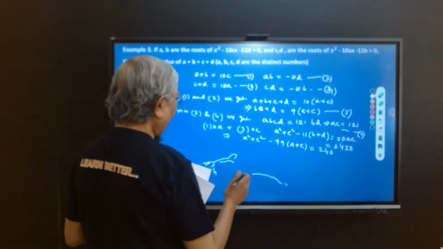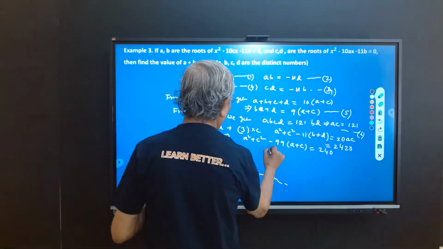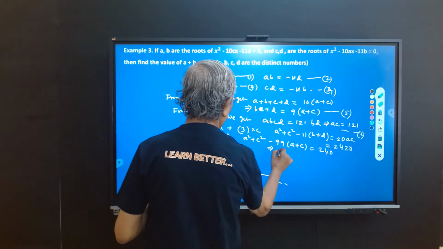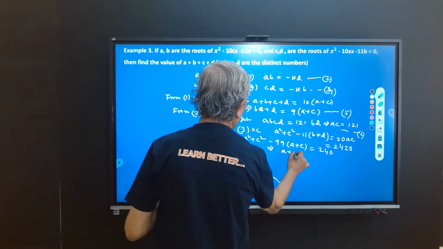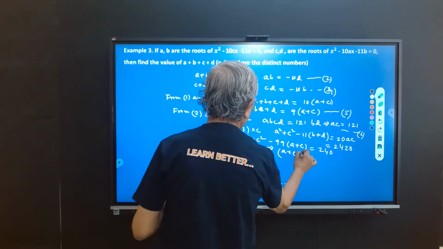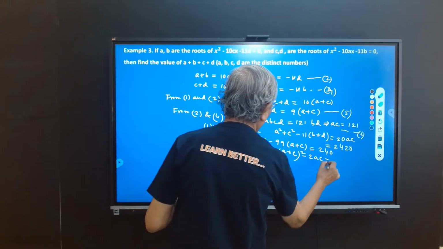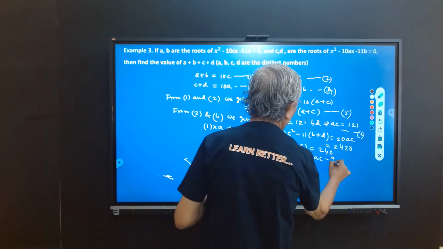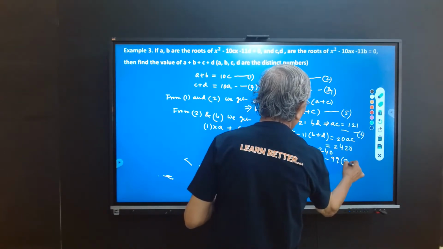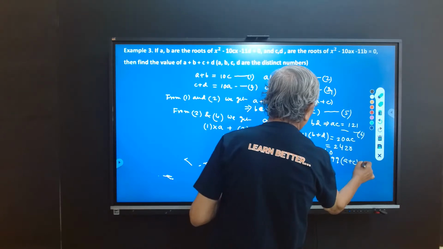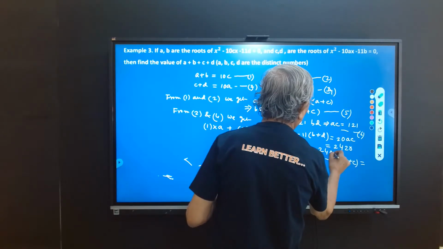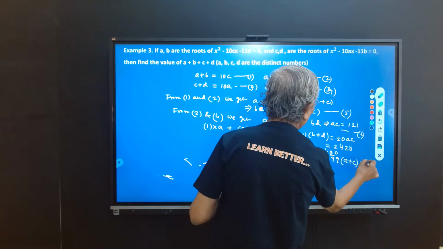So you can break it up as A plus C whole square minus twice AC minus 99 into A plus C equals 2420.